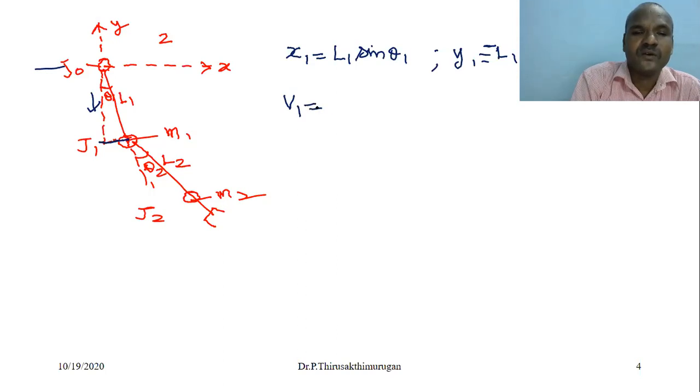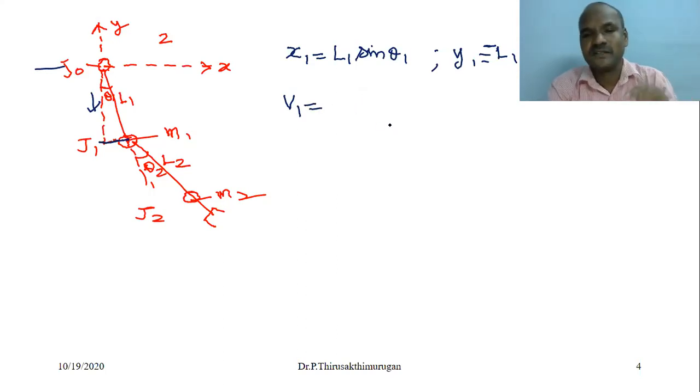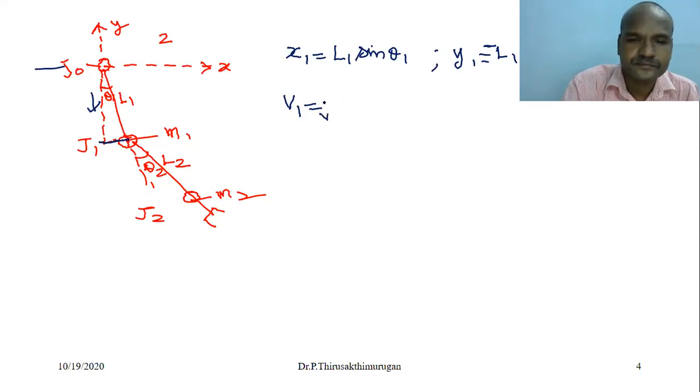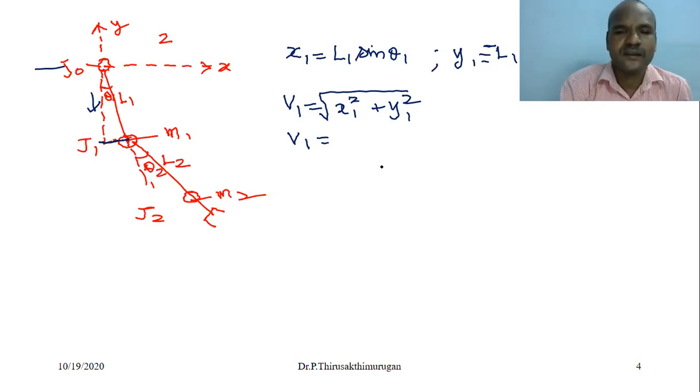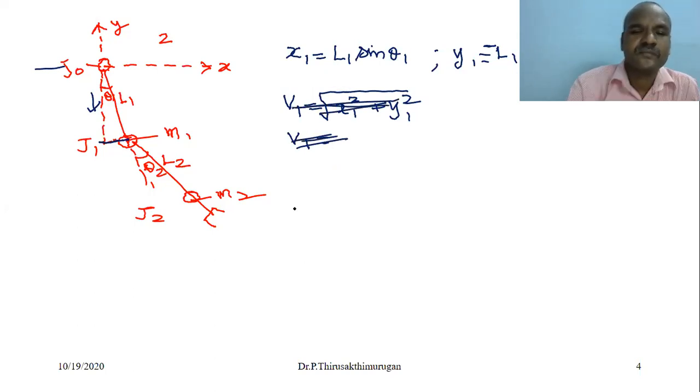Velocity is nothing but the square root of x1 square and y1 square, that is the resultant. So please calculate. X1 we have, y1 we have.